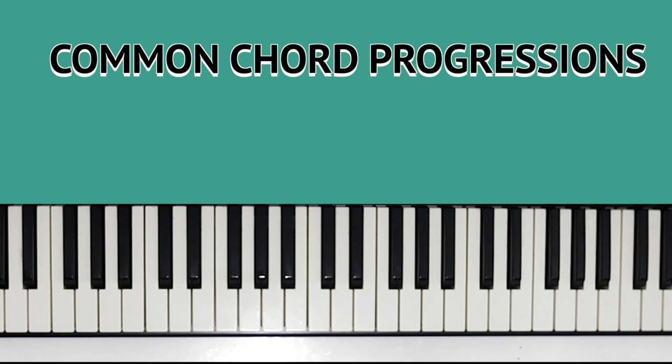So I want you to remember and pay attention as we go on this journey to developing the ear of identifying common chord progressions. Now, what are some of the common chord progressions out there? I'm just going to give you five.